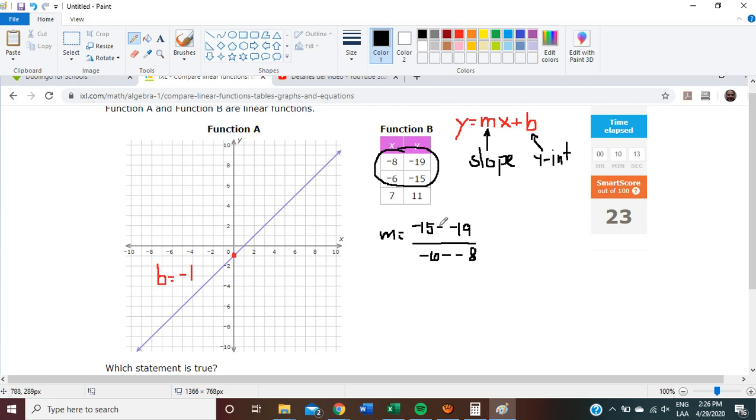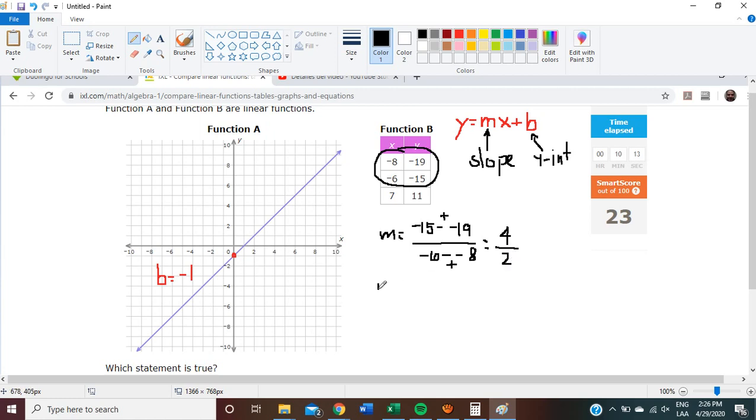Remember, when we have a subtraction of a negative number, it is actually an addition. So instead of saying -15 minus -19, we can say -15 plus 19. So it equals 4, and the denominator equals 2.